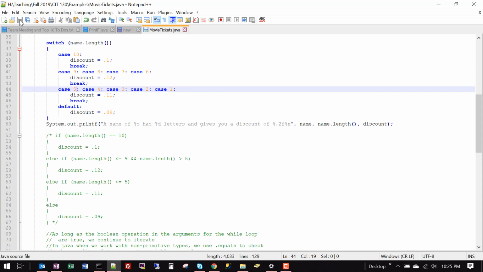And then we finished up with the switch statement, which allows us to do sort of repetitive equality comparisons down through a particular decision structure.